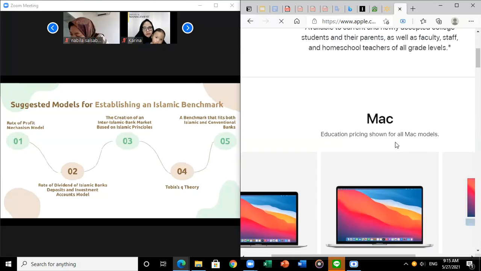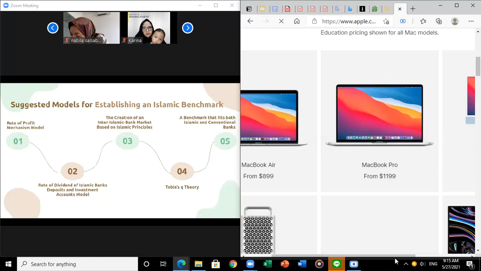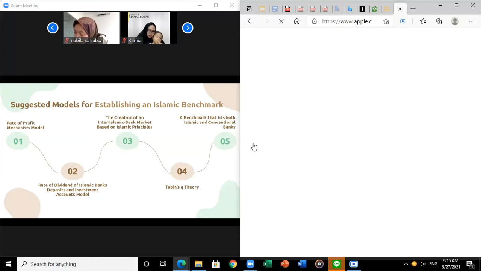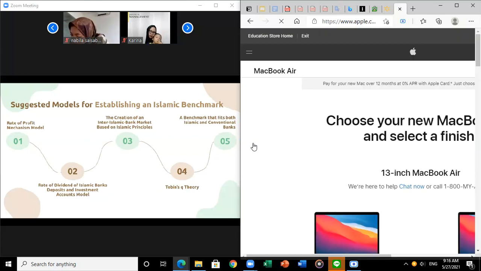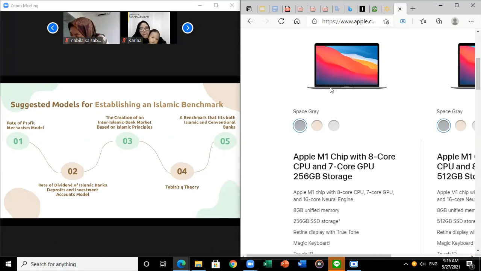Okay, so there are suggested models for establishing an Islamic benchmark. First, there is the rate of profit mechanism model. This was proposed by an expert. He said that this can be achieved by analyzing the rate of profits in the money market.